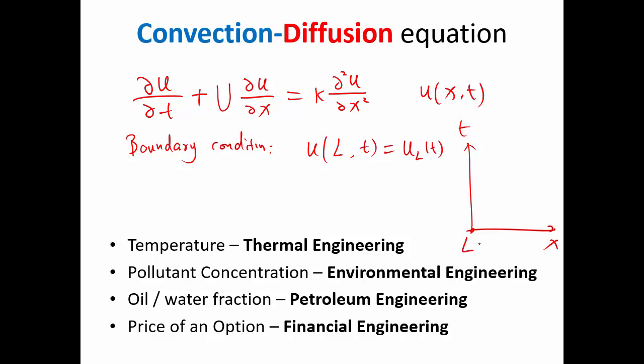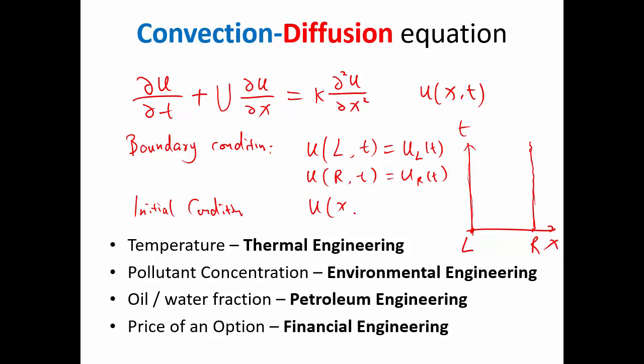Let's say this point is L, this point is R, and we also have u of R and t equal to u_R of t. So we know the solution on this line, we also know the solution on this line, and we are also given an initial condition. That is u of any x and t equal to 0 equals, let's say, u initial of x.